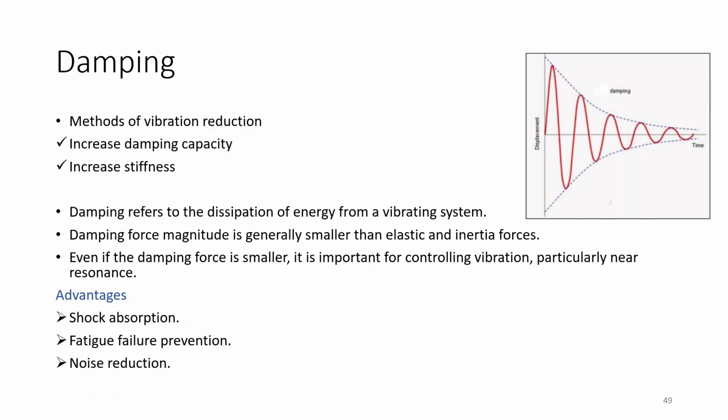The damping force magnitude is generally smaller than the elastic and inertia forces, but even so, it is important for controlling vibration, particularly near resonance. The advantages are that shock absorption will occur, fatigue failure will be prevented, and noise reduction will occur. So for using these damping materials, these three advantages can be seen.